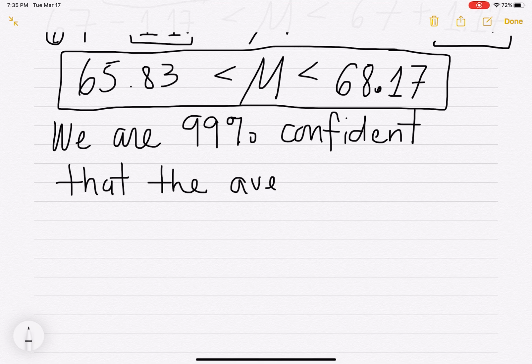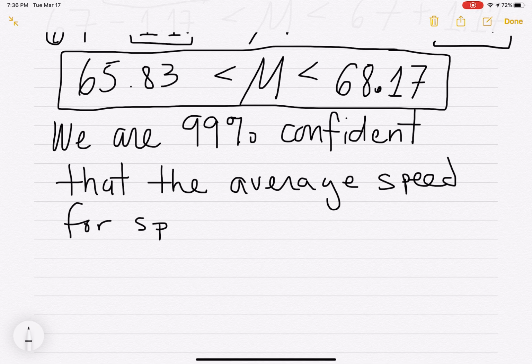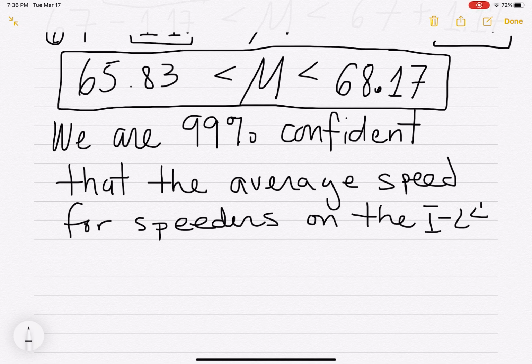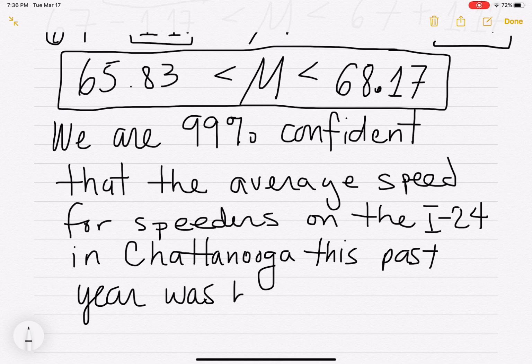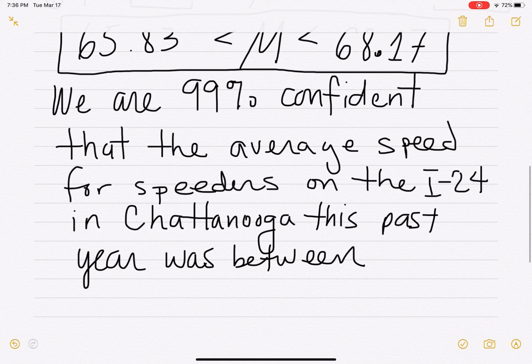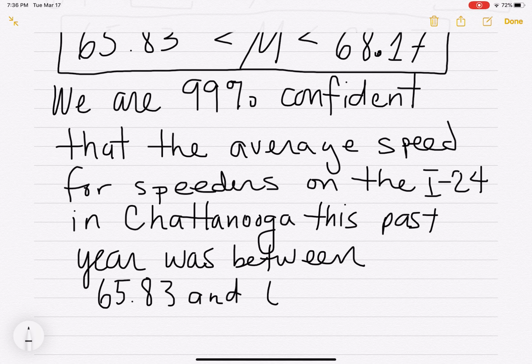the average speed for speeders on the I-24 in Chattanooga this past year was between 65.83 and 68.17 miles per hour.